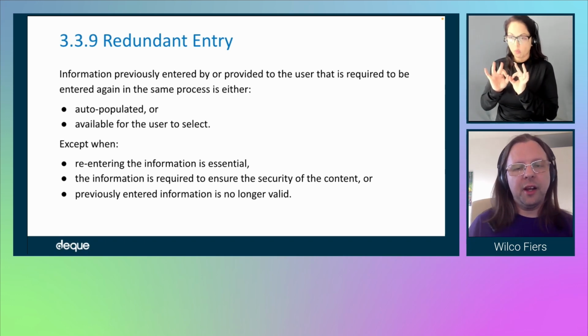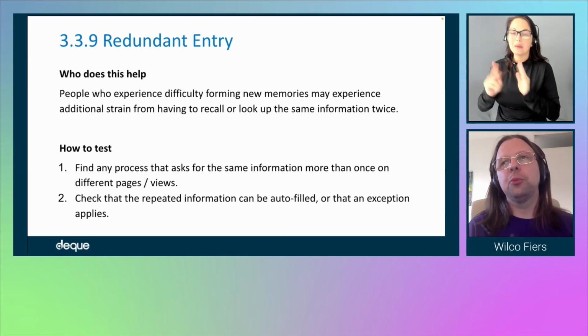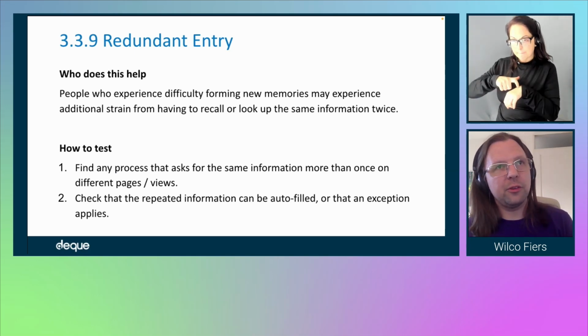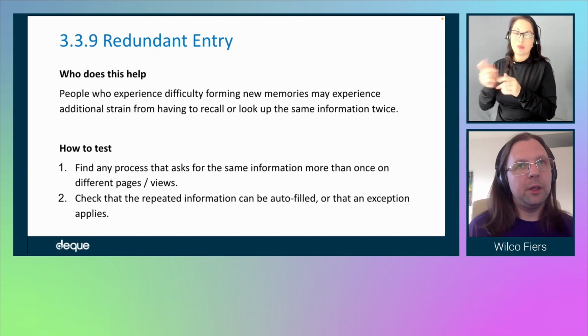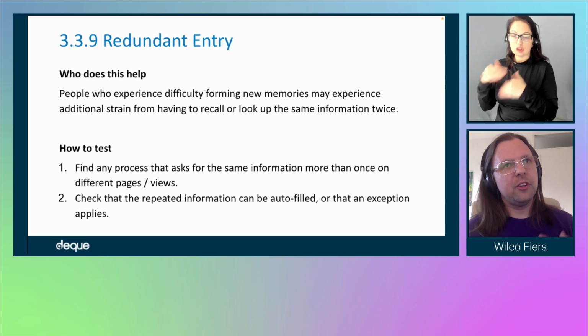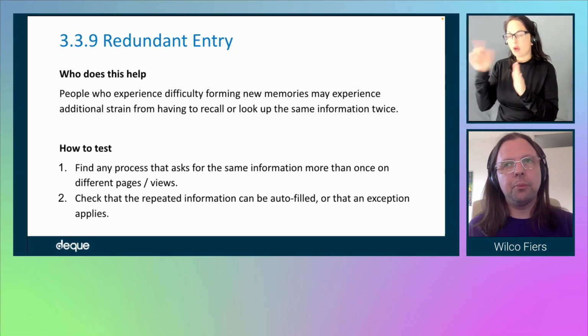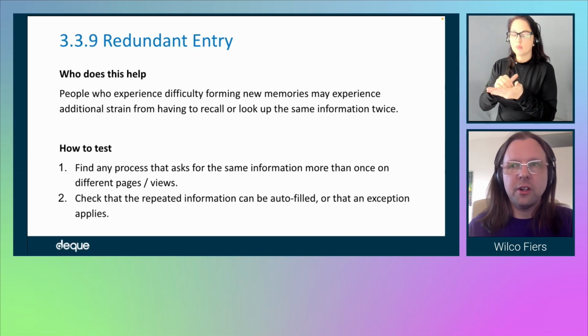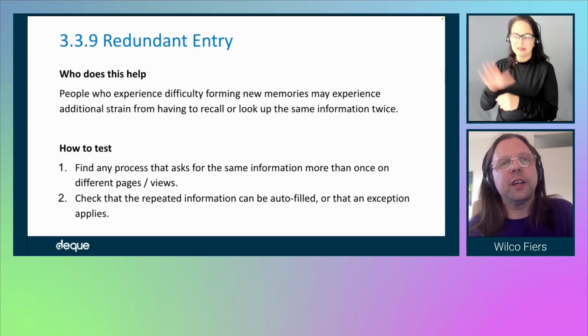We don't want people to fill out the same information more than once, because this can create, especially for people with certain cognitive limitations, finding that this is the same information, recalling information, looking it up multiple times adds a good deal of cognitive load to something that's often already fairly complicated.